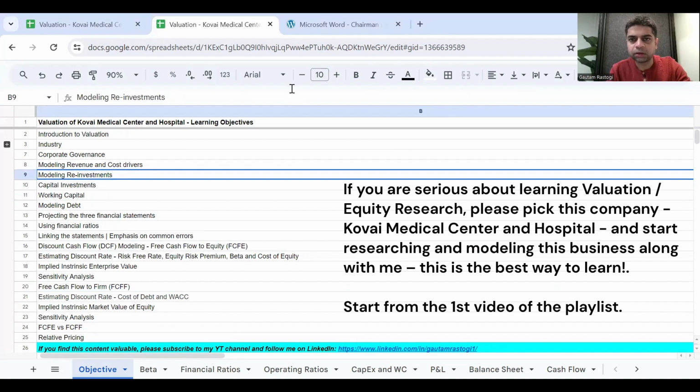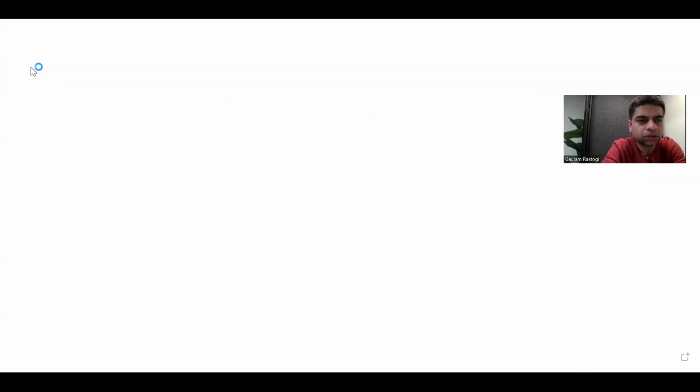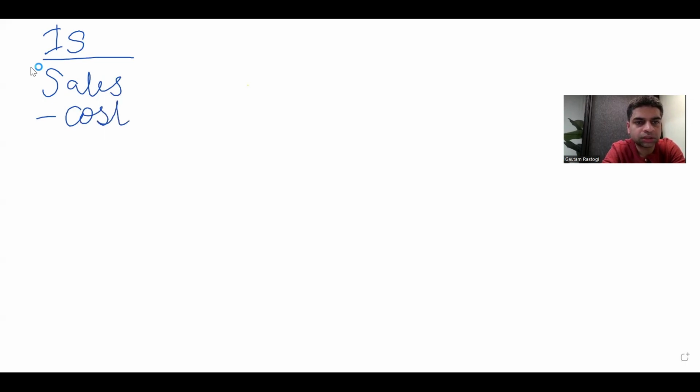Let me open up a whiteboard. So here you have the income statement. In the income statement, you have sales minus cost.